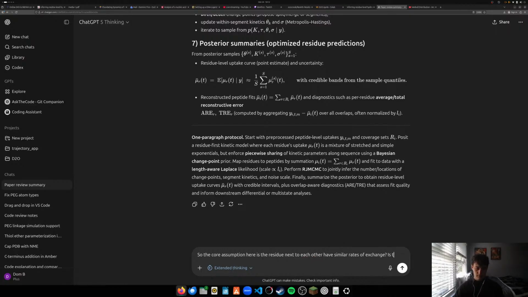Is this really true? I get the stretched exponential. Piecewise sharing. I guess the Bayesian change point prior accounts for that.